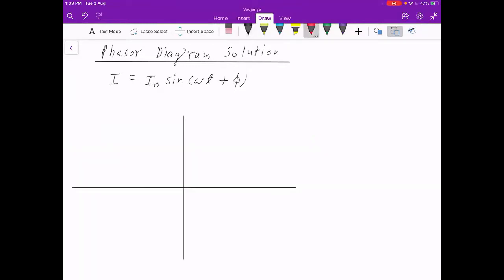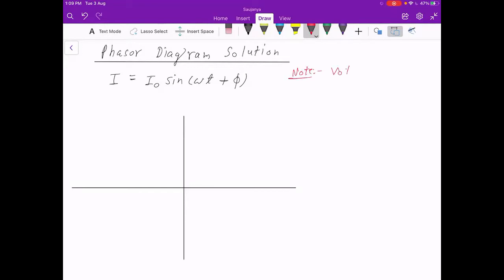Now, if I draw the phasor diagram of this, this is where things start getting interesting. I'm drawing the phasor diagrams now. First of all, I'm going to draw the phasor diagram of the voltage across the resistor, which will be in phase with the current. That's the first thing to note.